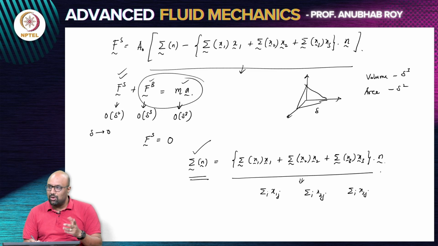So you choose any coordinate system x1, x2, x3. What you have here is an object that is an order 2 tensor.